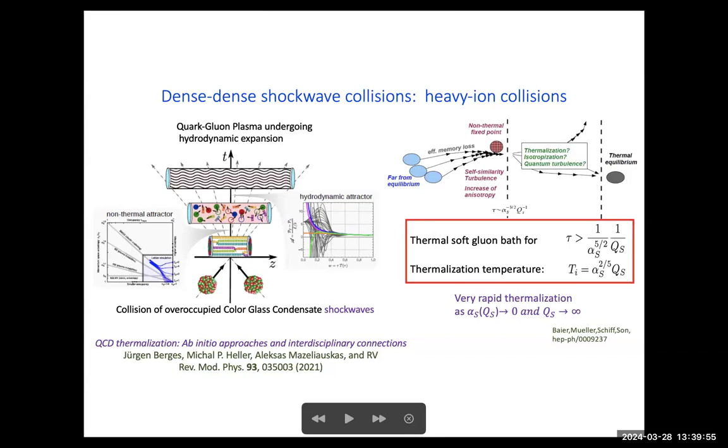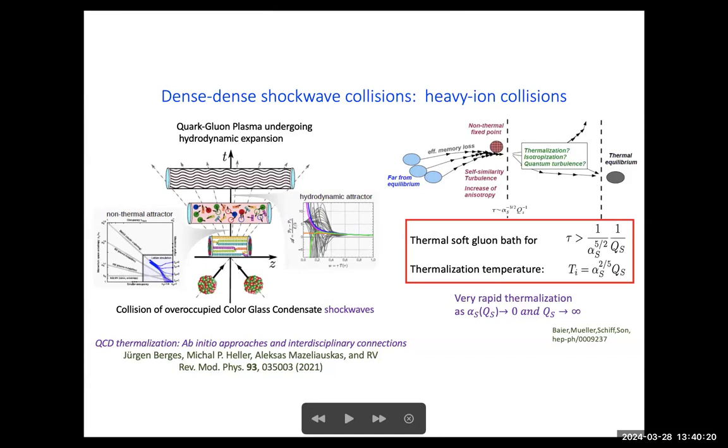And you find very non-trivial dynamics in this theory where the system flows to some non-thermal attractor, which eventually then goes to an equilibrium plasma. And if you're interested, you can look at this article we wrote some time ago, where we describe all the non-trivial physics of turbulent attractors and hydrodynamic attractors.